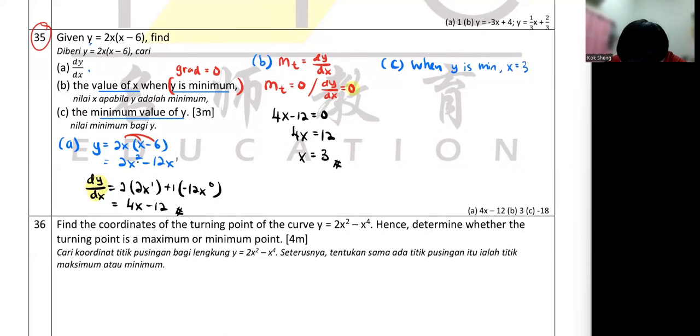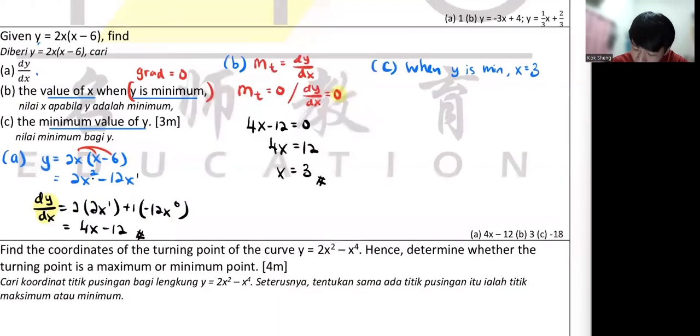This is the answer we get, right? So how to get back the minimum y? Just sub the 3, because this x will get you the minimum y. So to find the minimum y, just sub the 3 into the x. We can find the answer.